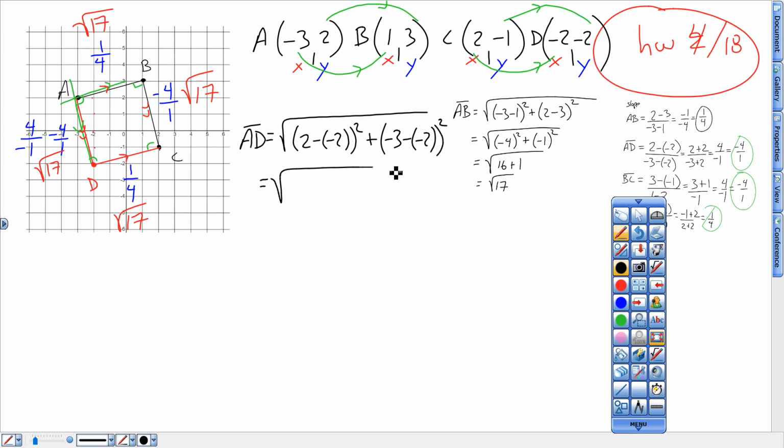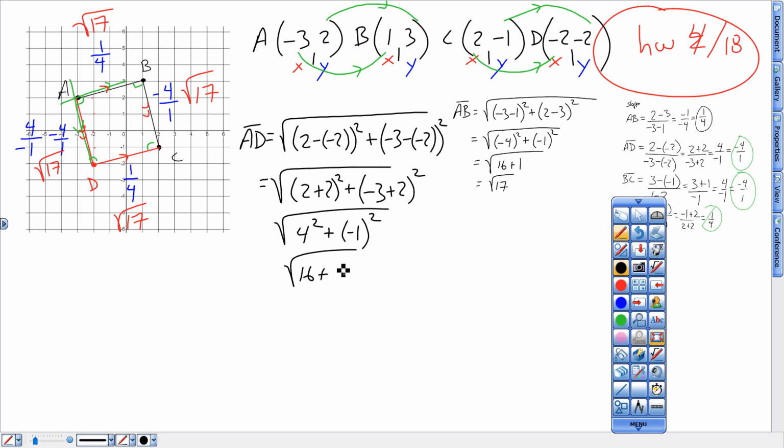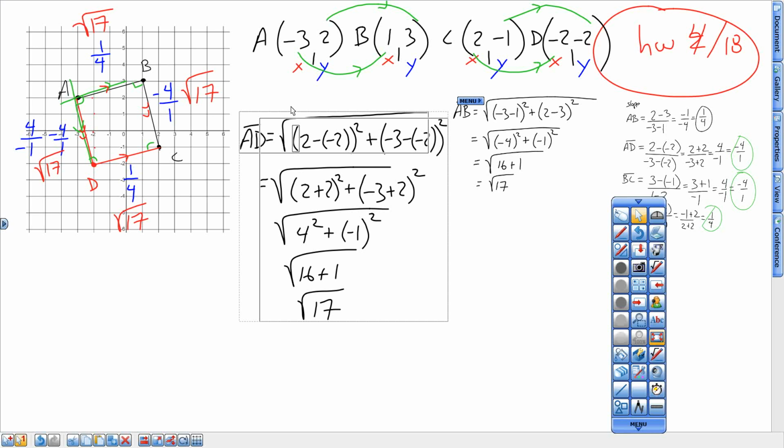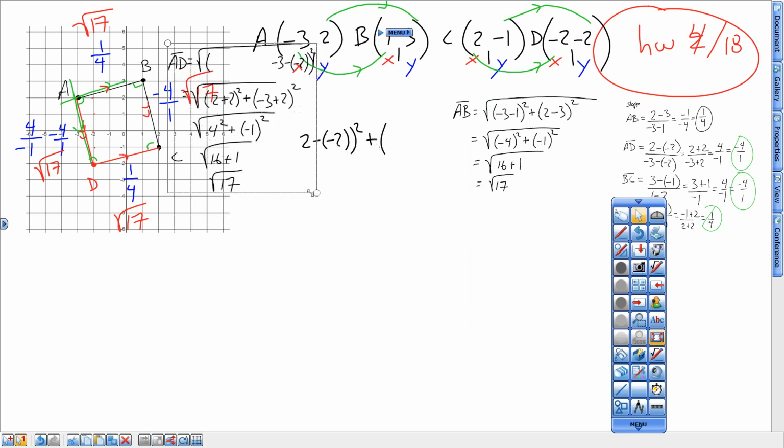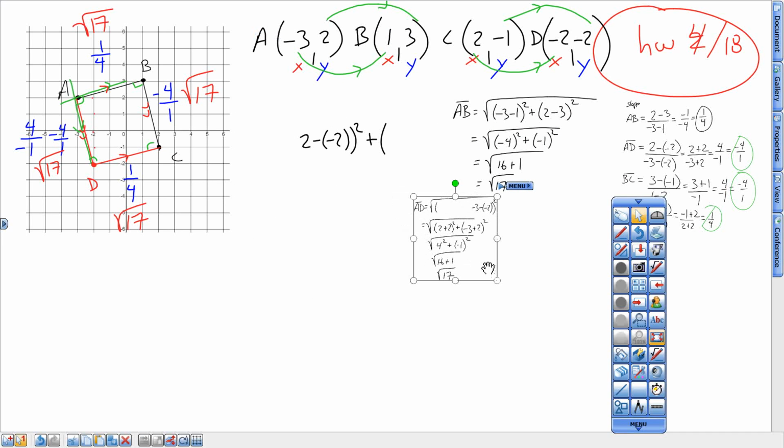That gives me 2 plus 2 squared plus negative 3 plus 2 squared, square root of 4 squared plus negative 1 squared gives me square root of 16 plus 1, square root of 17. I got to do 2 more. All should be getting you root 17.